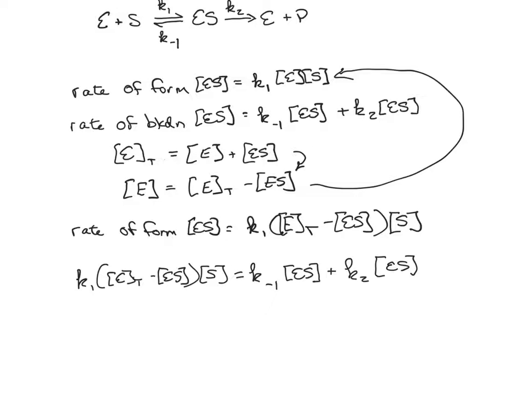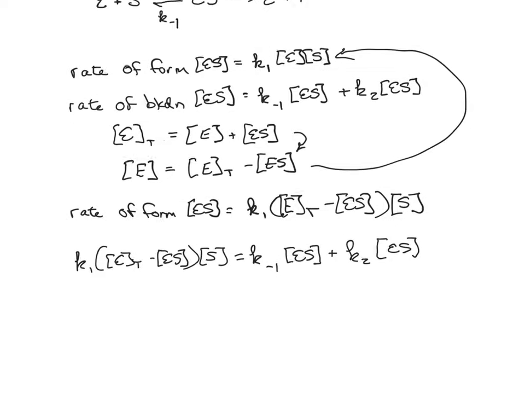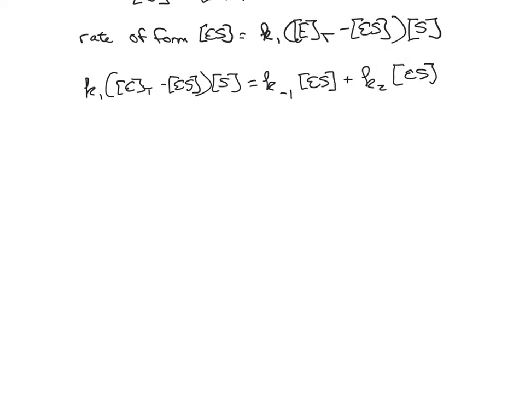So now I've got this equation and I need to solve it for ES. And this is where the algebra can get a little bit ugly. Well, the first thing I'd better do is distribute that left-hand side, because sure enough, I've got an enzyme substrate complex in that expression.